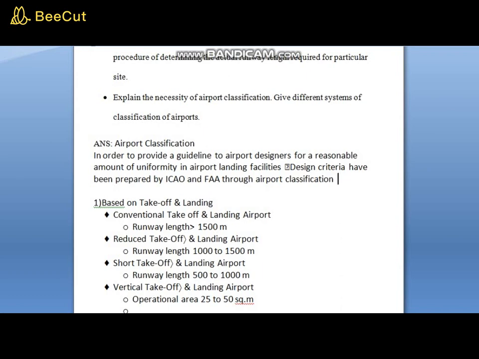Design criteria have been prepared by ICAO and FAA through airport classification. This is all about the necessity of airport classification.